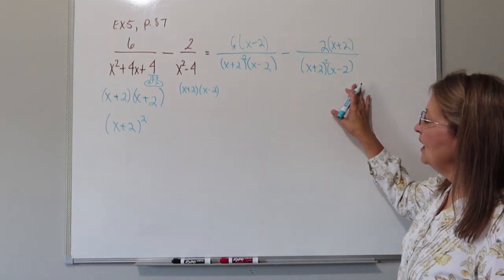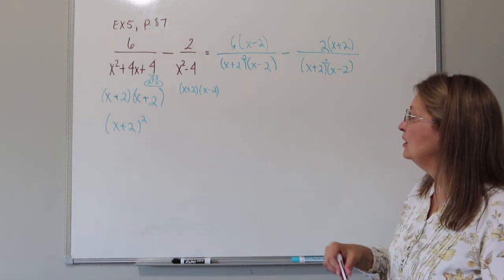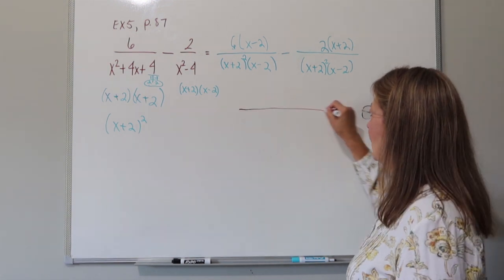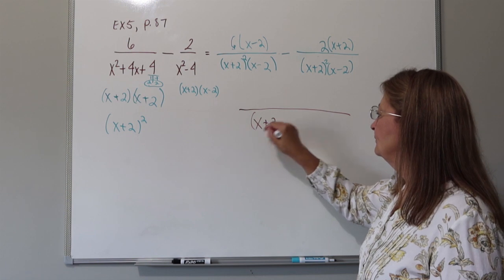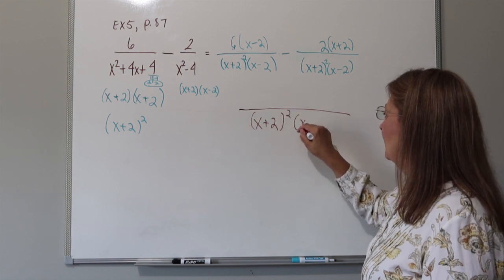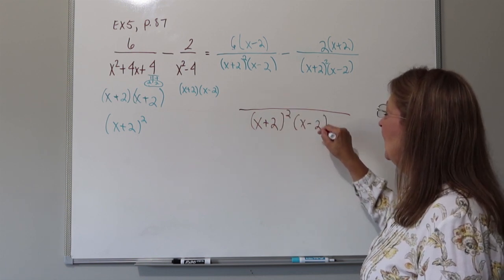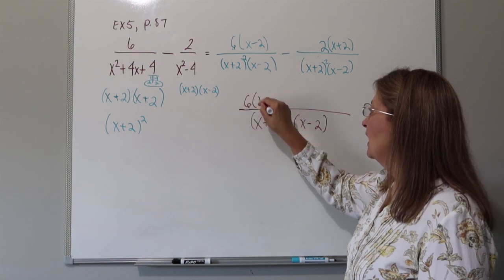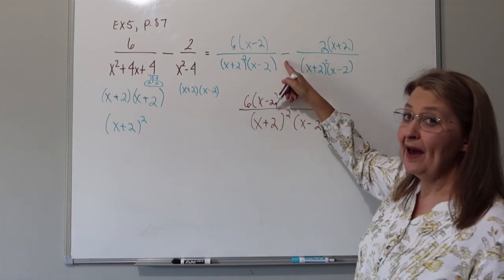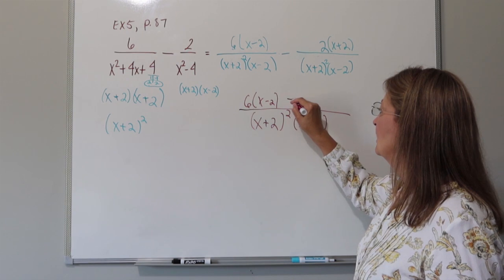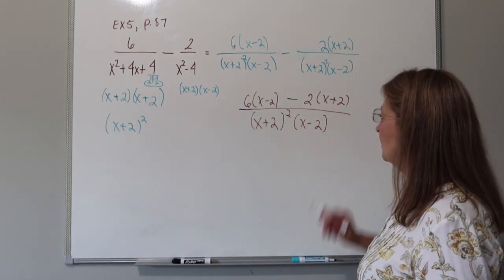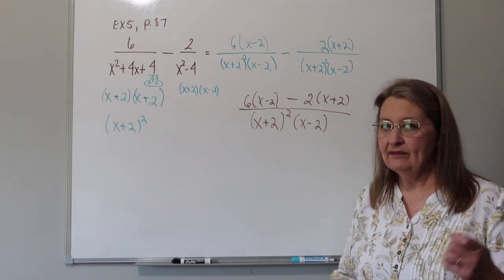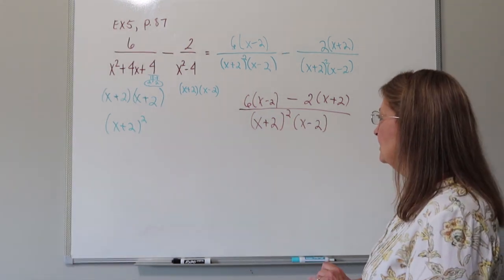Now that my denominators match, I can come under here and combine. Since the denominators match, I only need one of them. I'm going to put these under the same denominator. And up here, I have 6 times x minus 2. Now this is a minus, and that's going to be important. Minus 2 times x plus 2. So let's simplify. Now this is a review of previous sections.